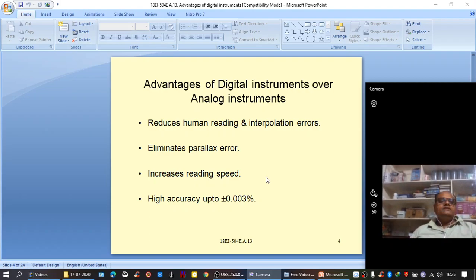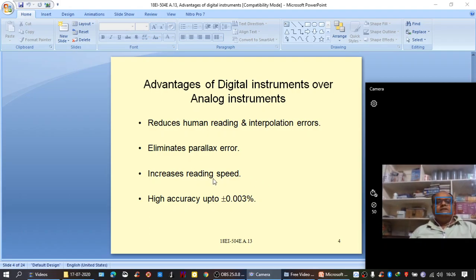Each subdivision corresponds to 0.2 milliamperes. Each division corresponds to 2 milliamperes, and we have 5 divisions on the calibrated scale corresponding to 10 milliamperes total current. Now, let us suppose that the current to be measured is around 1.2.